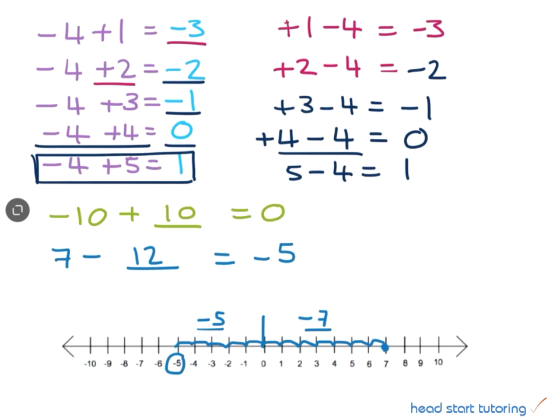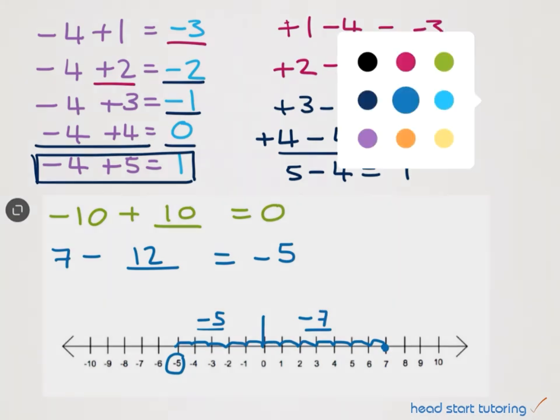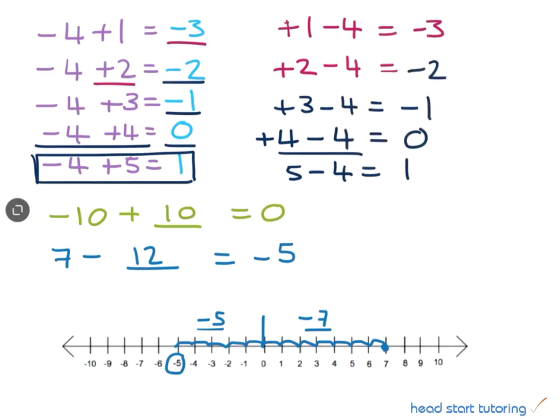And then we can start recognizing certain things. With these numbers, we know that 12 minus 7 equals 5. We know that 12 minus 5 equals 7. And we know that 7 plus 5 equals 12.